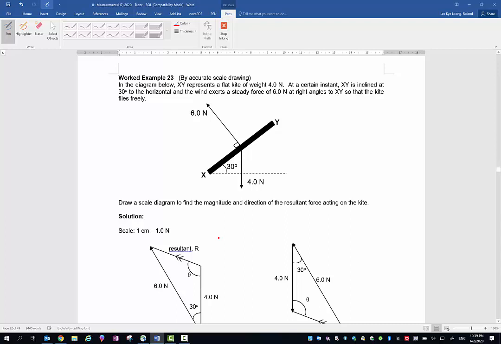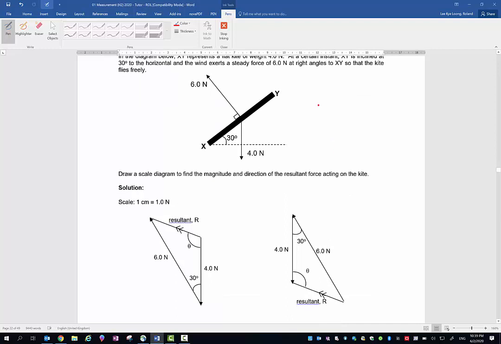In the diagram below, XY represents a flat kite of weight 4. So there's a downward force of 4. At a certain instant, XY is inclined 30 degrees to the horizontal and the wind exerts a force of 6. You can see the 4 down and the 6. Draw a scale diagram to find the magnitude and direction of the resultant force acting on the kite.